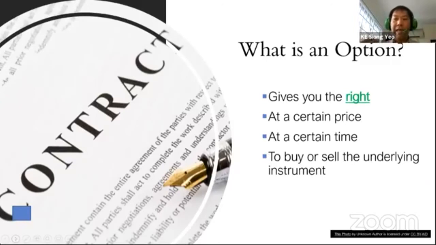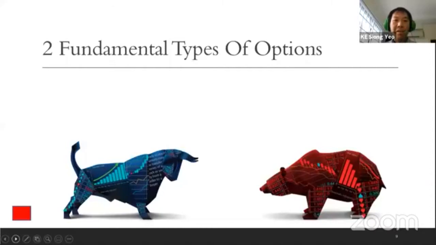It could give you the right to buy 100 Apple shares, for example, 30 days from today at a particular strike price. So an option explained in the most simple form is just this: a contract between two parties, a buyer and a seller, that spells out the price and the time that the contract must be fulfilled.